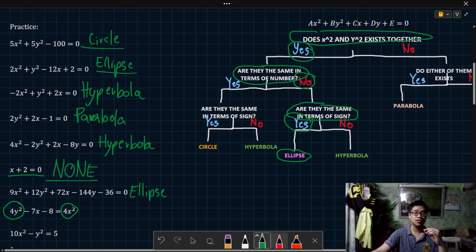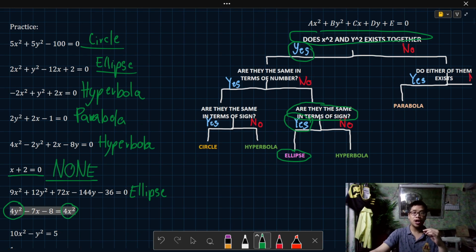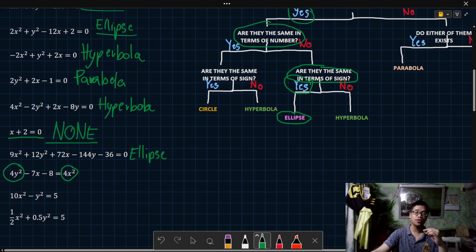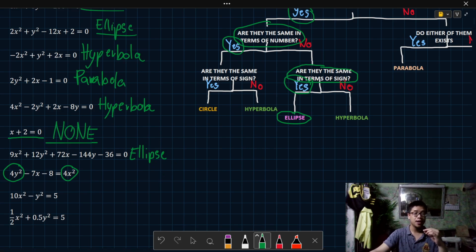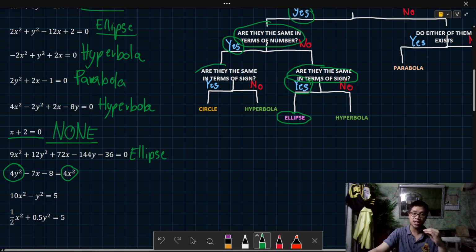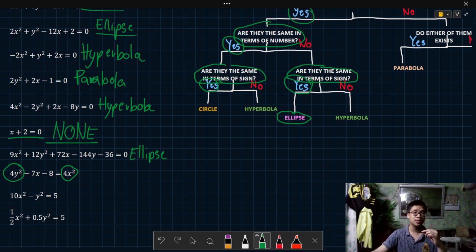Second question, are they the same in terms of number? We have 4 for x squared and 4 for y squared, so it's a yes. How about signs? Are they the same? From this point of view, you may say it's a yes, then you would jump to the conclusion that it's a circle.